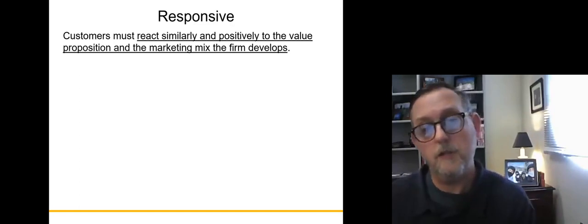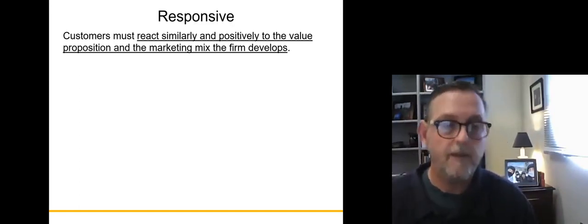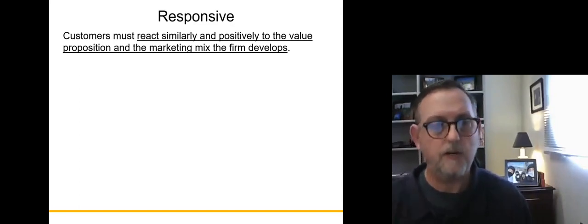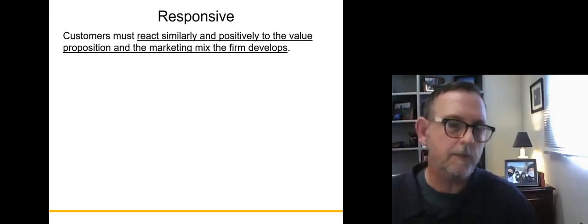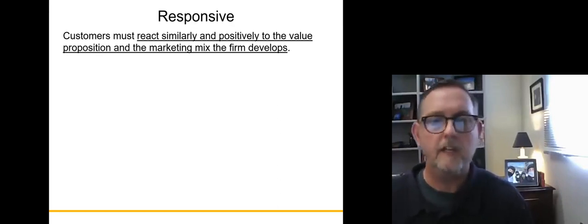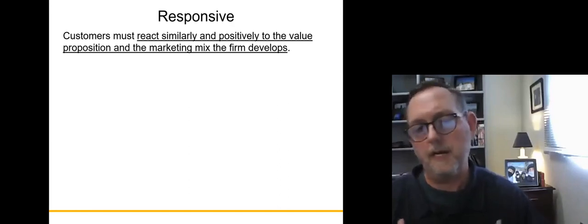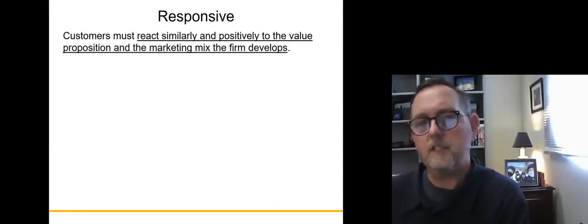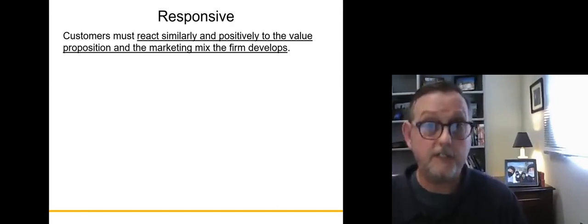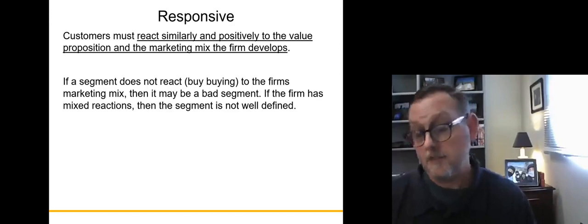So if I raised price or lowered price, would my customer buy less or more of my product? If I advertised more, would that influence my customer to buy more? I mean, typically those are positively related. In other words, when I do my marketing activities, will they influence the market? That's responsiveness. Will they act and behave?